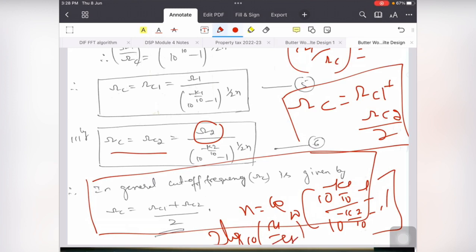That is the derivation for n, and the cutoff frequency omega c1 is equal to omega 1 divided by (10^(-k1/10) - 1) whole power 1 by 2n. Sometimes in the exam they will ask either only n or only the cutoff frequency. You should know how to derive the equation for both. So with this I will conclude.